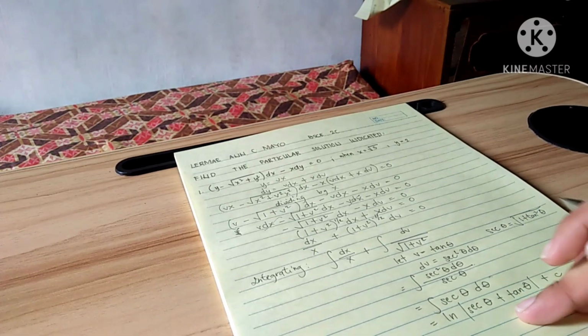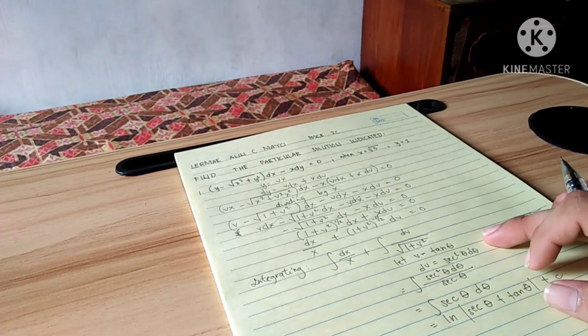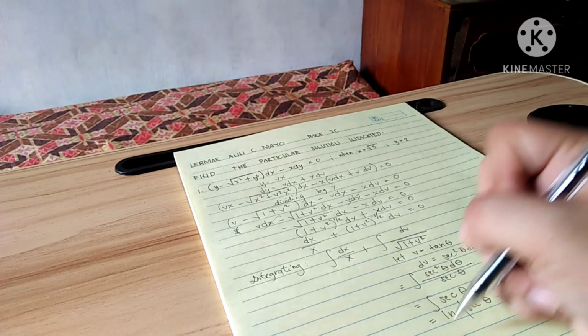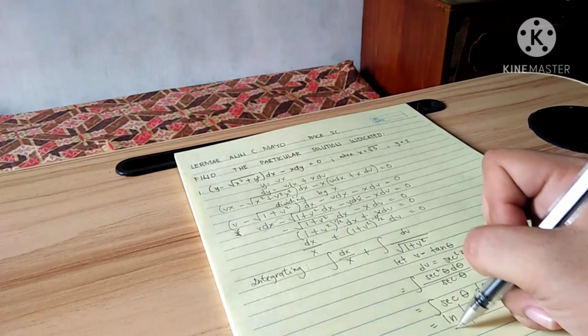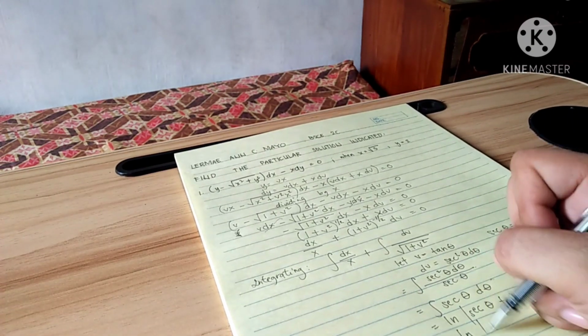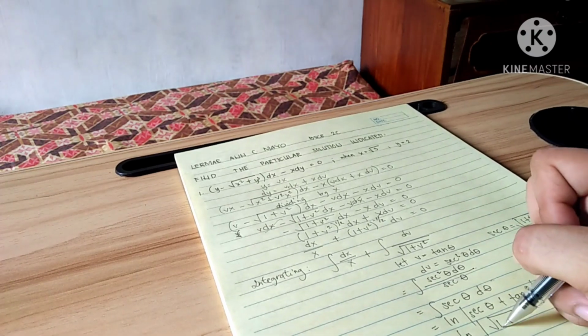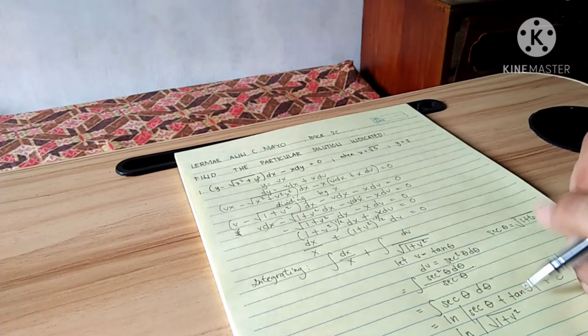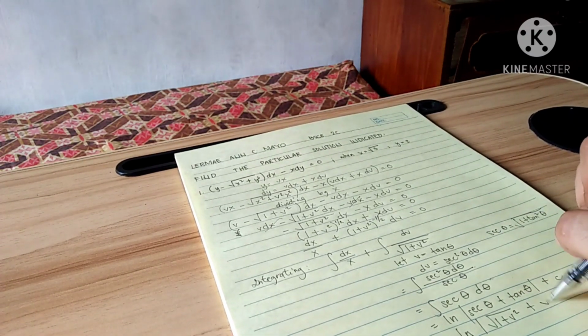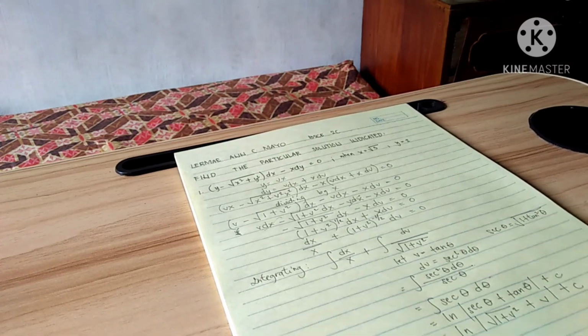Going back to the original variable, this becomes ln of the square root of 1 plus v squared plus v plus c.